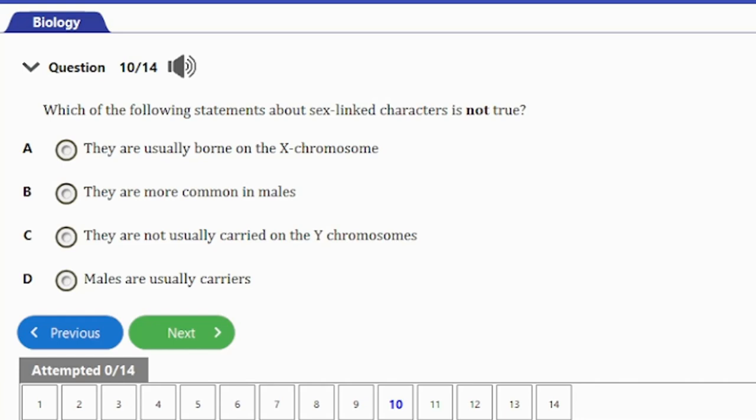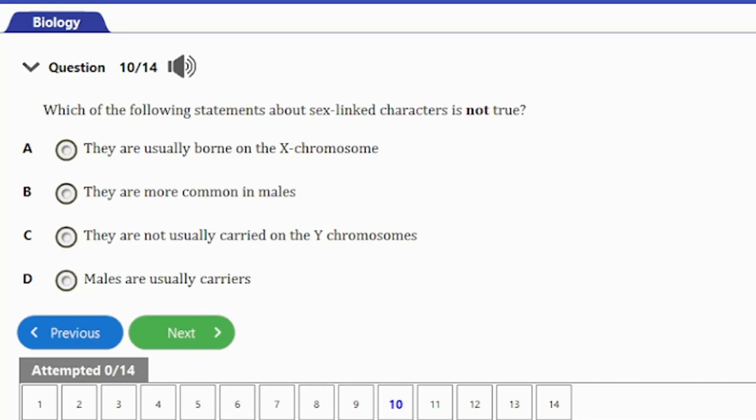Alright, so with that being said, we should realize that a single recessive gene on the X chromosome will actually cause the trait to be expressed in males, but we also have to note that males cannot be carriers of these sex-linked traits because they have only one X chromosome.